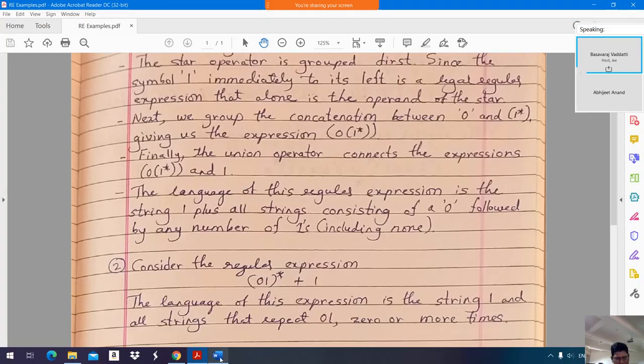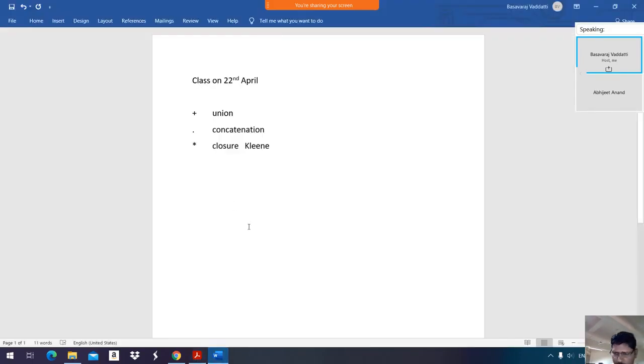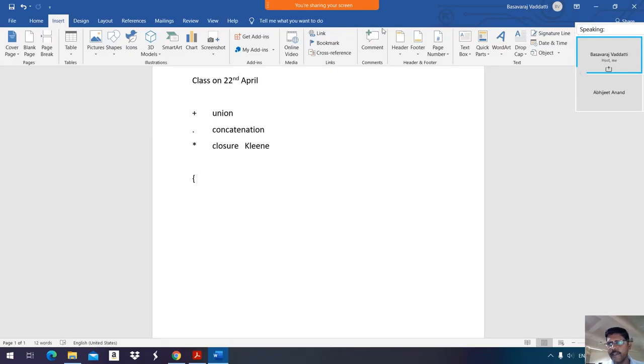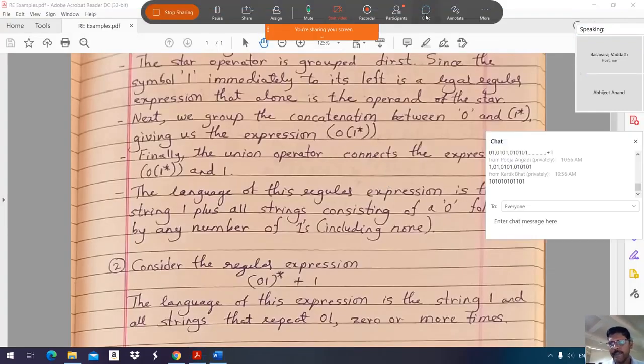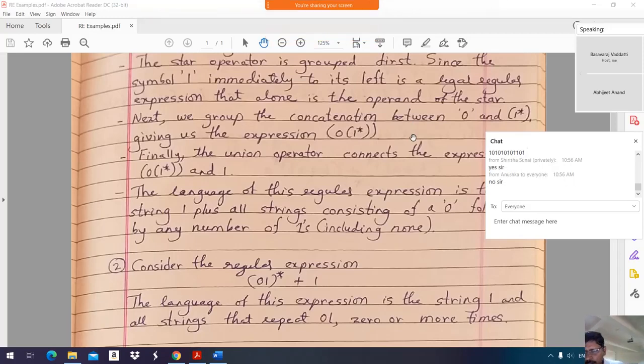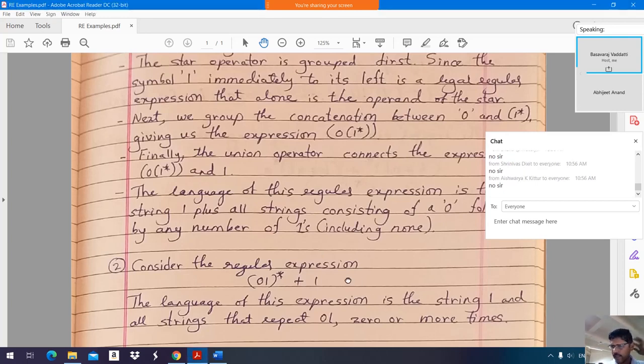Then can you write the language of this in the set notation? Is epsilon part of this language? Look at it once again. Is epsilon recognized by this?